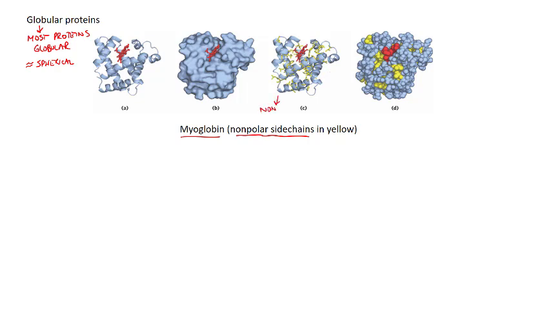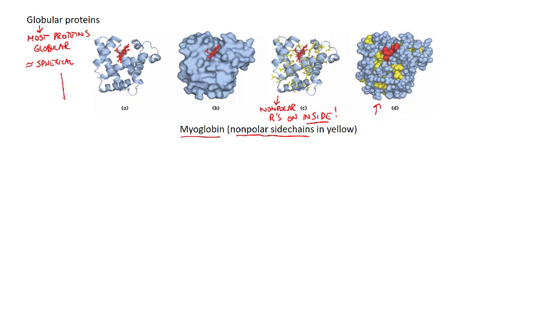Most of the nonpolar side chains are going to be on the inside of the structure. This is a space-filling diagram, and what do you notice? You barely see any yellow at all. Everything on the outside is gray, which is either backbone or polar amino acid. Don't worry about what the red is. We're not going to talk about that yet.